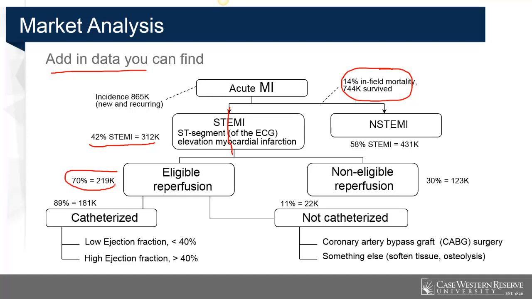Studies have shown that like 70% of the people are actually eligible, and it's a much smaller fraction that's not eligible. And if we go down further to those that can be catheterized versus can't, again the case where we can't catheterize the person is smaller, and so really it's 89%.